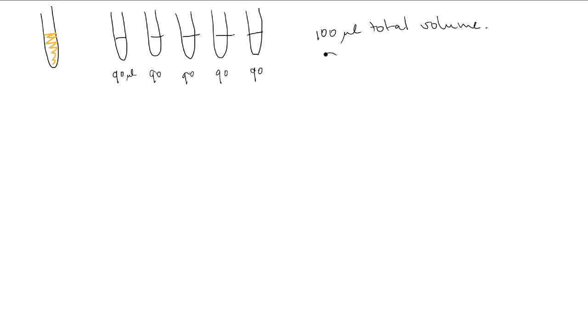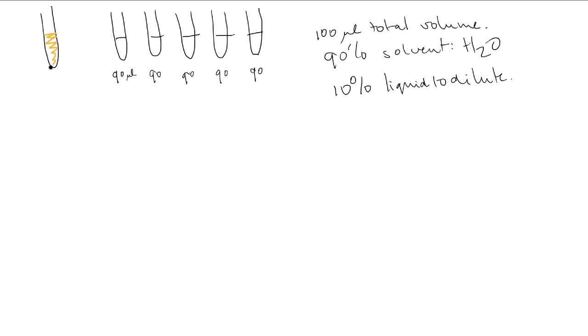I put 90% of my solvent, in this case sterile water, and then 10% of the volume of the liquid that I want to dilute. I'm going to start by taking 10 microliters of this culture that I want to figure out, and I add it to the first tube, like that.